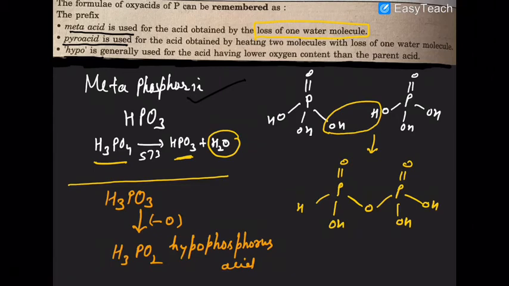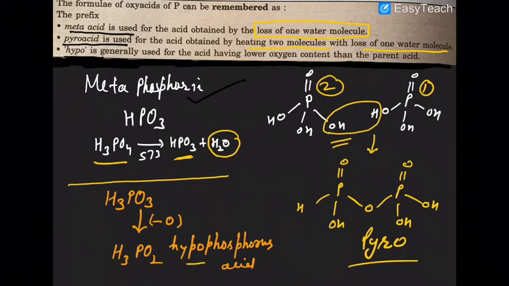For pyro acids, heat two molecules and remove one water molecule from them; that gives you pyro acids. And what is hypo? Hypo means, as the name itself says, lower, as in phosphorus acid. If you remove one oxygen from an acid, the same acid becomes hypo. It is earlier H3, so it becomes H3.